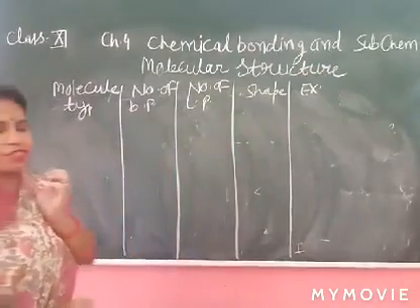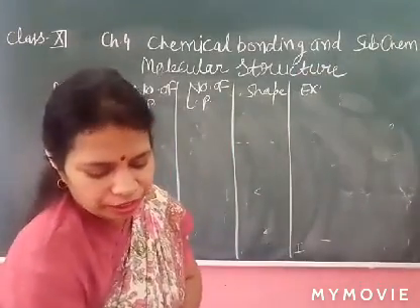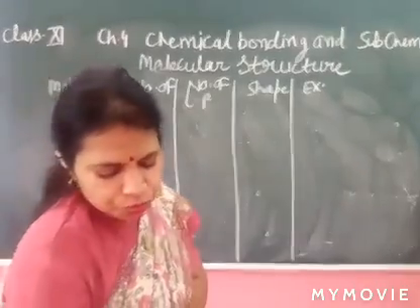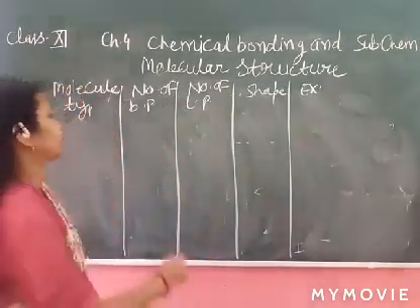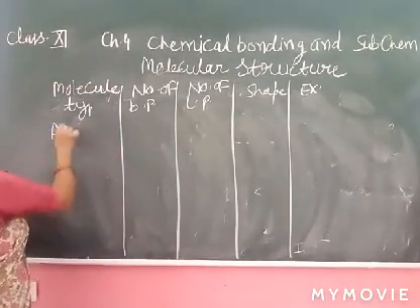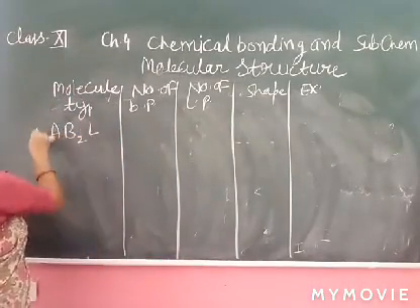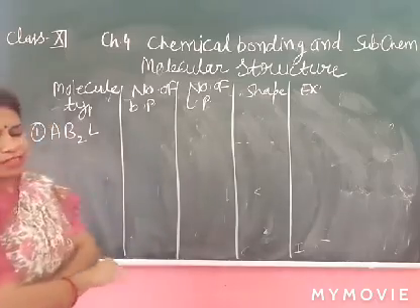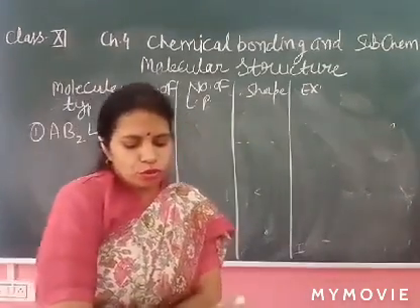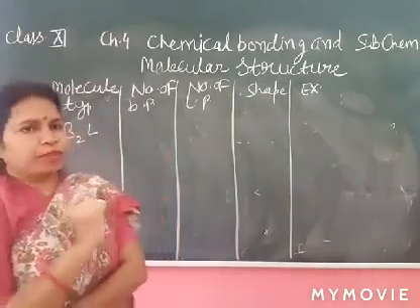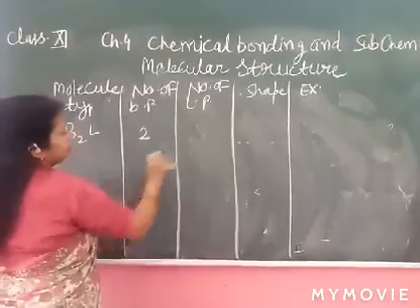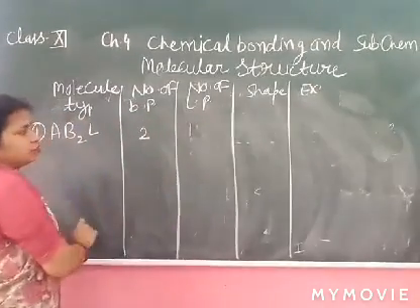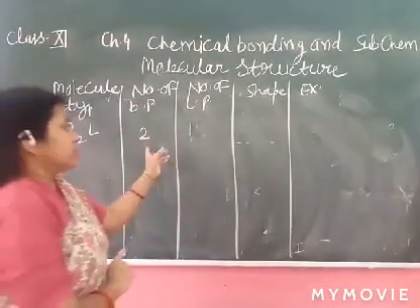Now the first type of molecule is AB2L. So how many bond pairs are there? 2 bond pairs and 1 lone pair. L means lone pair. So which repulsion is considered here?